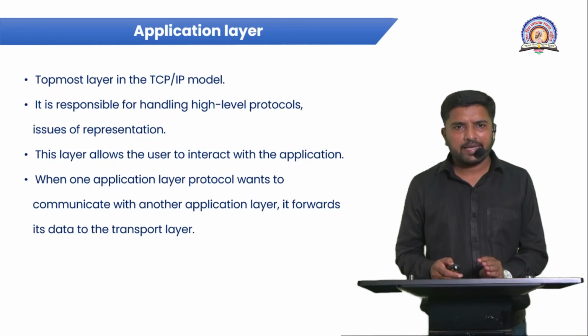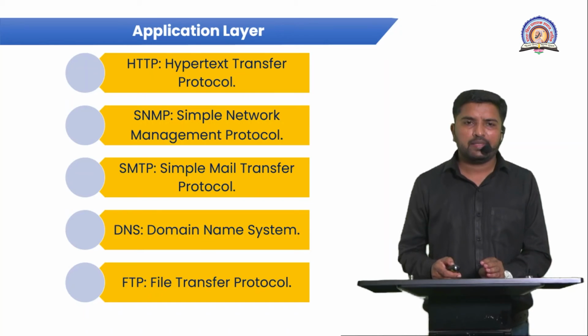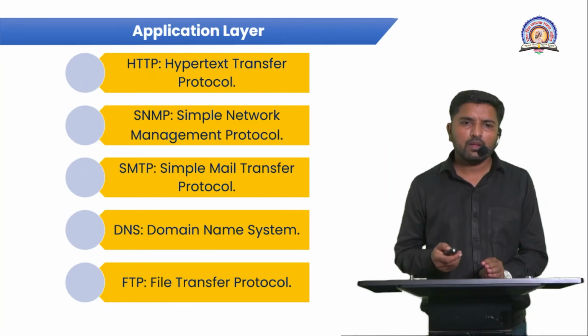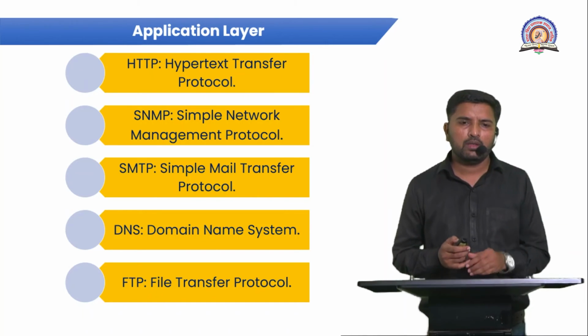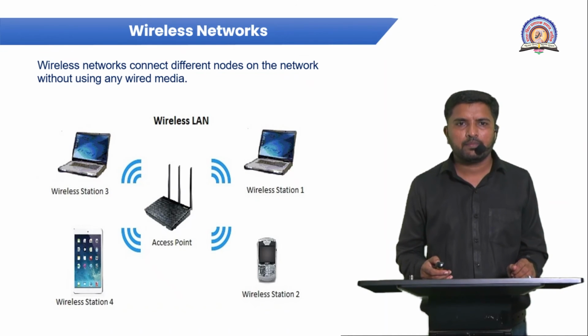This layer also contains various protocols such as HTTP, Hypertext Transfer Protocol, then HTTPS, Hypertext Transfer Protocol Secure, then SNMP, Simple Network Management Protocol, SMTP, Simple Mail Transfer Protocol, DNS, Domain Name System, and FTP, File Transfer Protocol. So these are the various protocols available at the application layer.